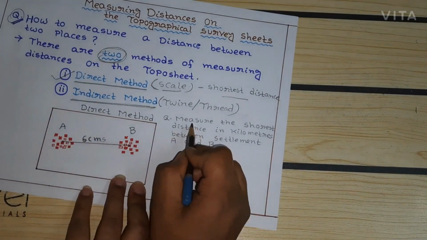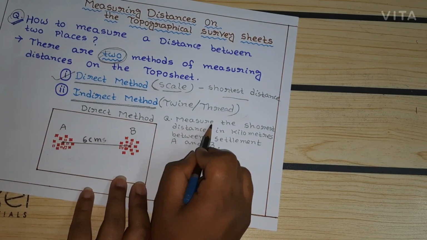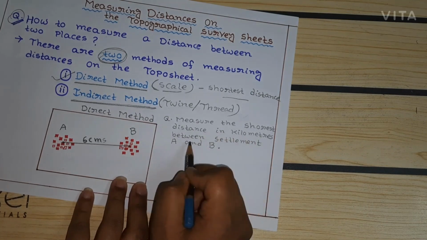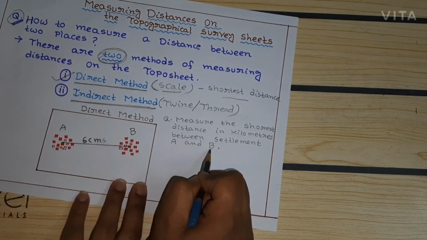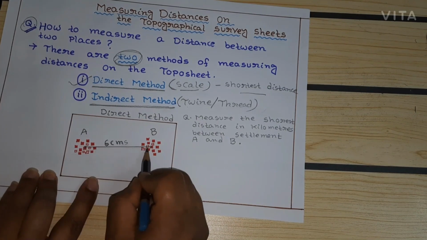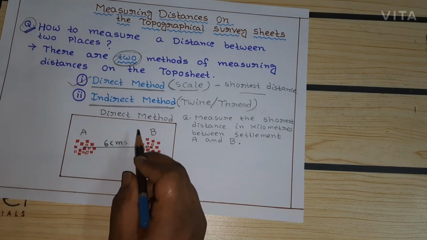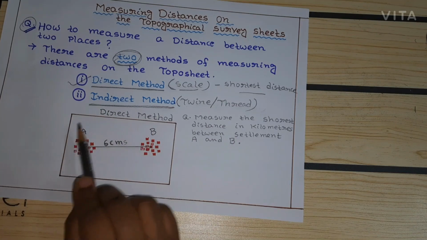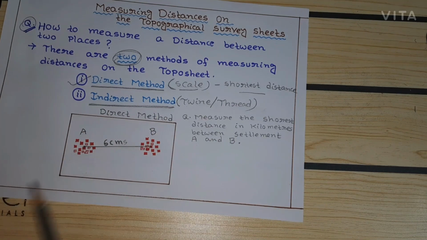Now here I have written another question, that is measure the shortest distance, in kilometers, between settlement A and B. So definitely we got 6 centimeters on the topographical survey sheet. Now suppose the same thing you are doing on the topographical map.